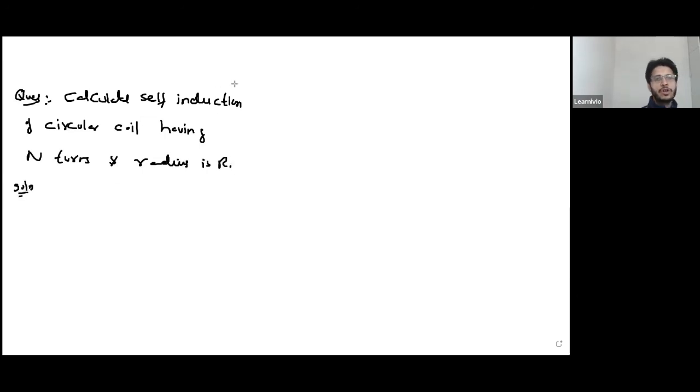Or try to solve it without any hint. So this is your coil. The radius of the coil is capital R. You're supposed to calculate the self-induction of this coil.